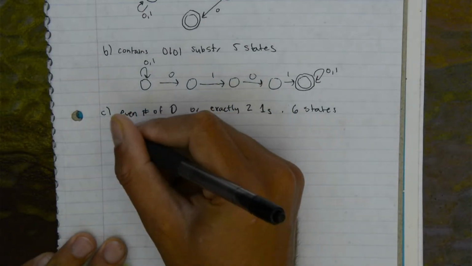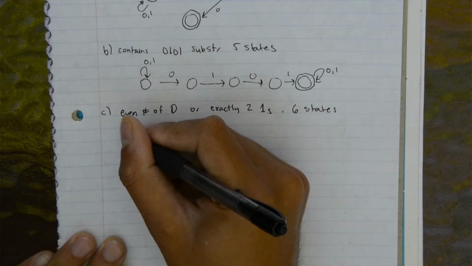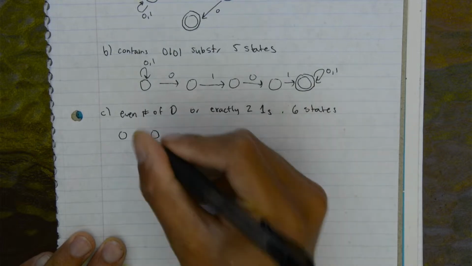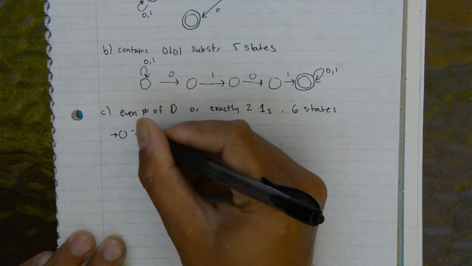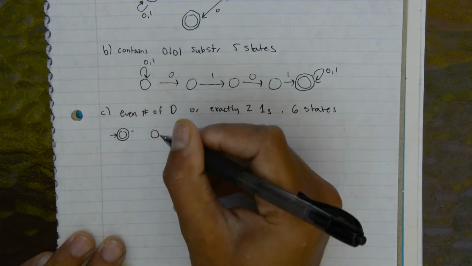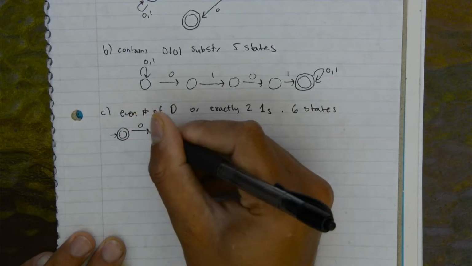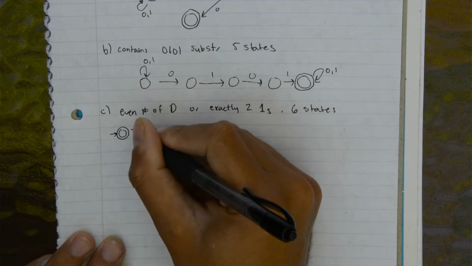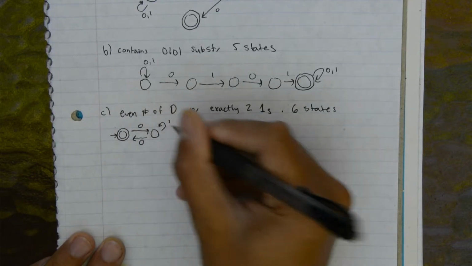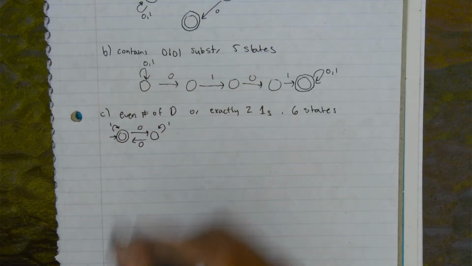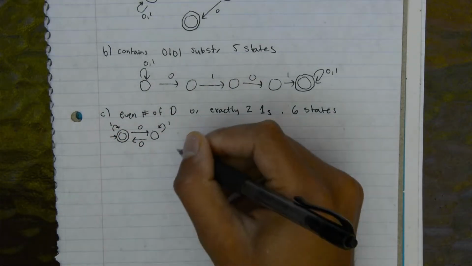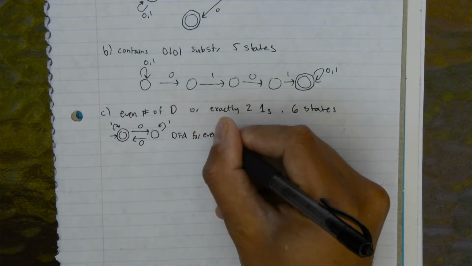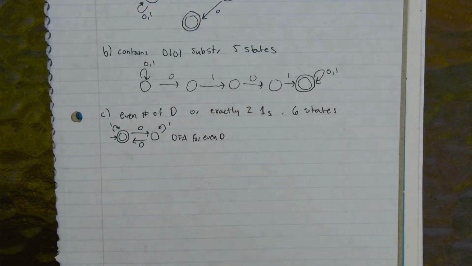So let's just look at the DFA. The DFA for even number of zeros is going to be like this. You're going to start here, and this is an accept state. And if you get a 0, then you go to the odd case. If you get another 0, you go back. But on both of these, you can get 1s. Okay, so this is the DFA for even 0s.